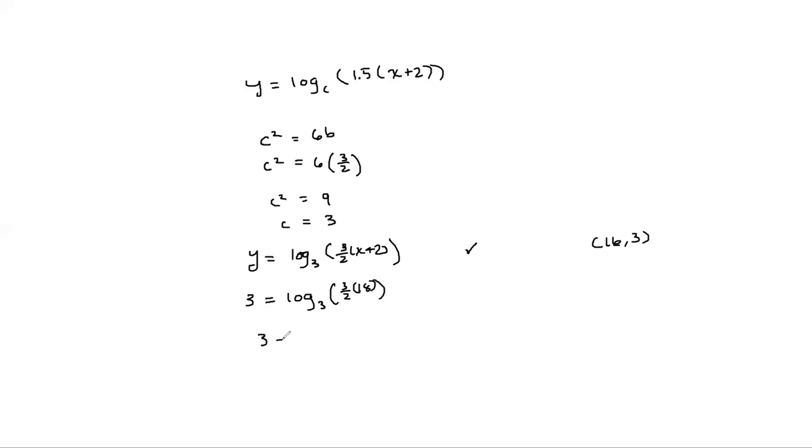That means that 3 is equal to log base 3 of 27. And as we know from the equivalence, my base to the power of 3 should be equal to 27, and that is the case. So we have checked that we have the right rule for the function.